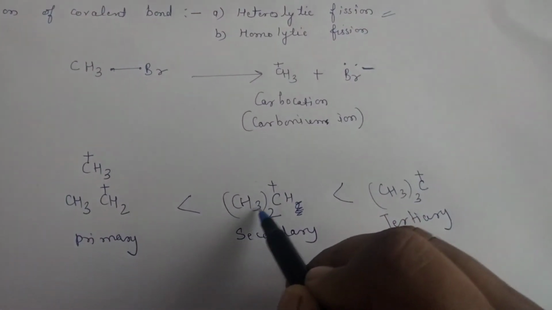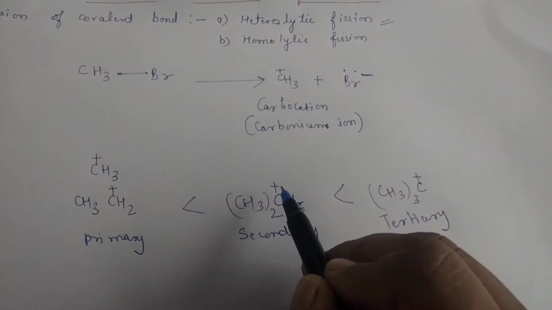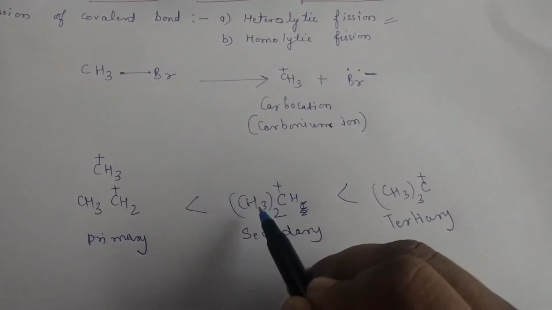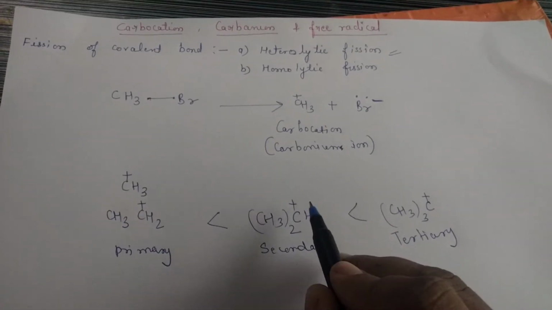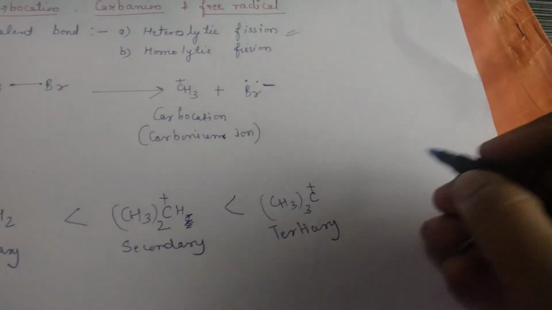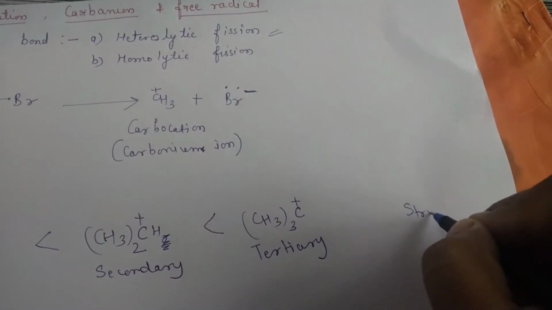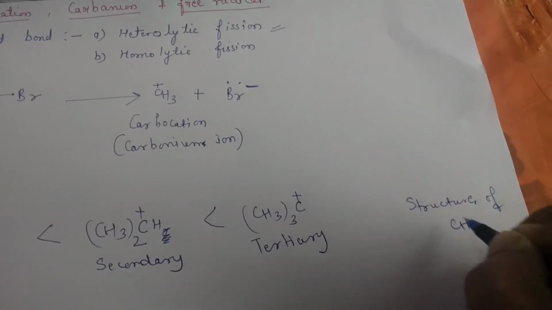This is because alkyl groups are electron releasing in nature. Here there is positive charge, a shortage of electrons, so alkyl groups will compensate. So this is carbocation.